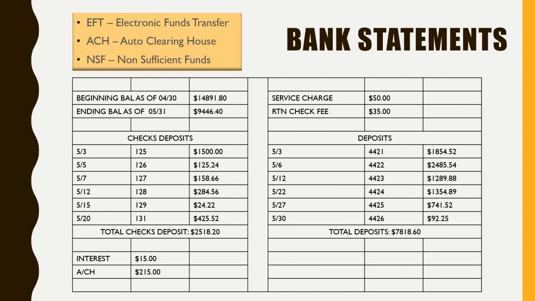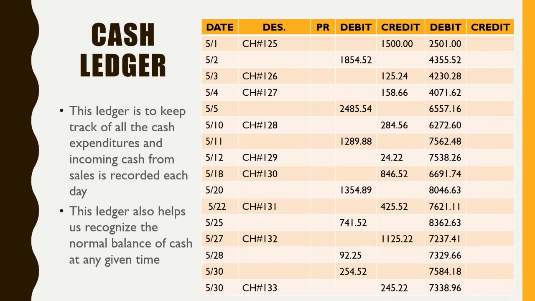Okay. And then, of course, you're going to be comparing it to your own cash ledger itself. When we talk about our own cash ledger, this could be your checking ledger, whatever it is. It's your means to keep track of the money that's in your bank account. So you're going to start with your beginning balance of what you have in your bank, and you're going to be writing a bunch of checks. You're going to be depositing a bunch of money, XYZ.